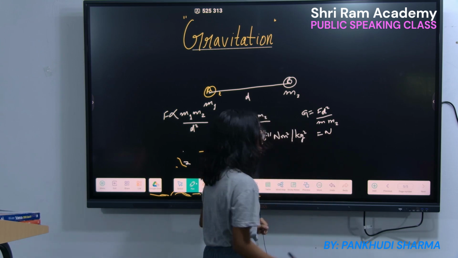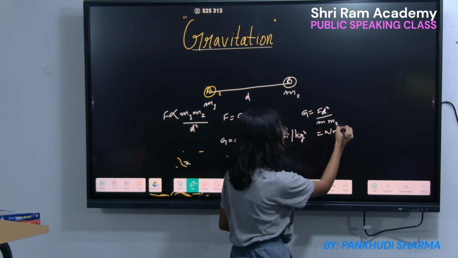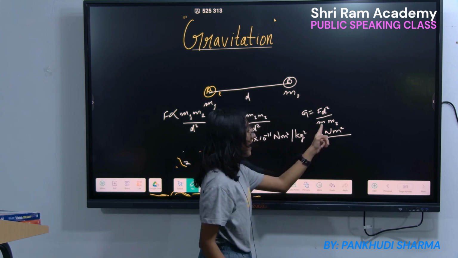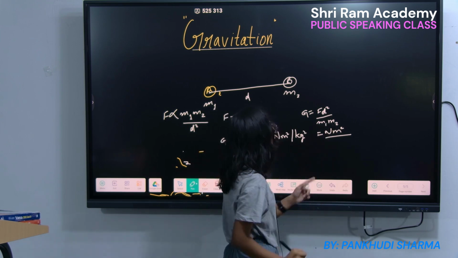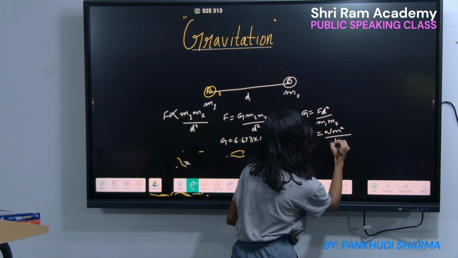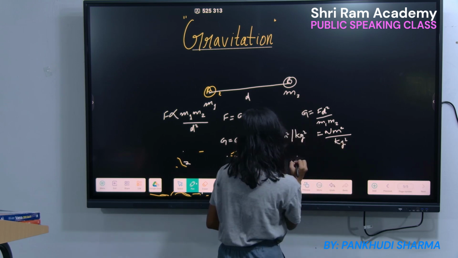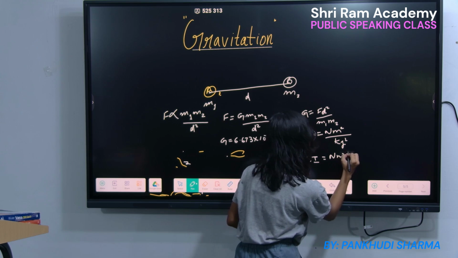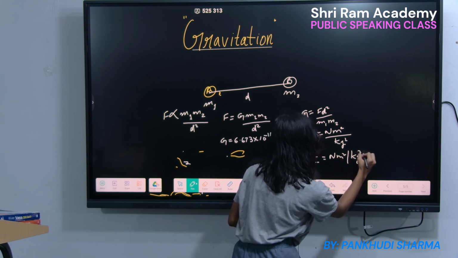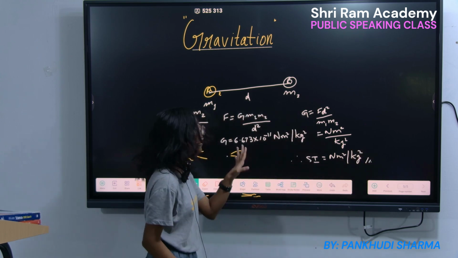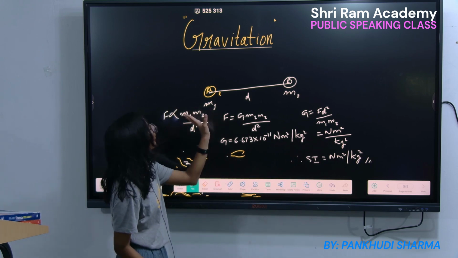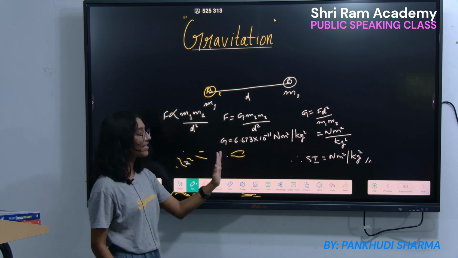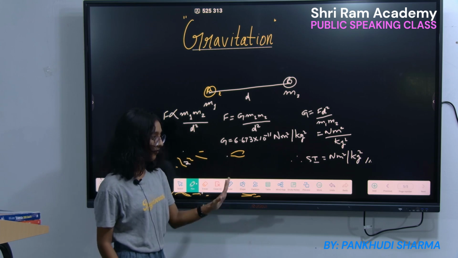SI unit of distance is meter. Distance squared, that is meter squared, upon mass into mass, that is kg into kg, that gives kg squared. Hence, SI unit equals Newton meter square per kg square. Now, we're clear with what gravitation is, how it works, and about its SI unit.